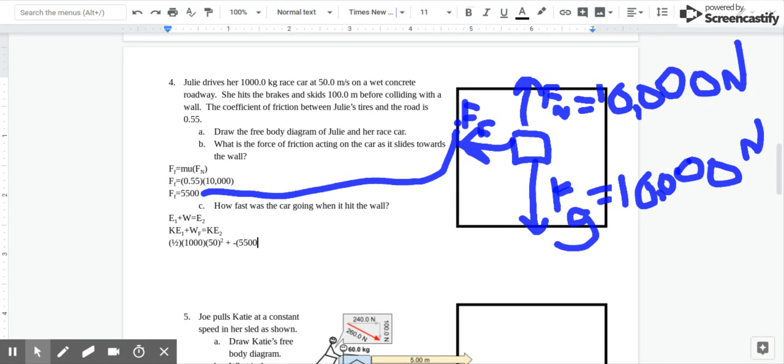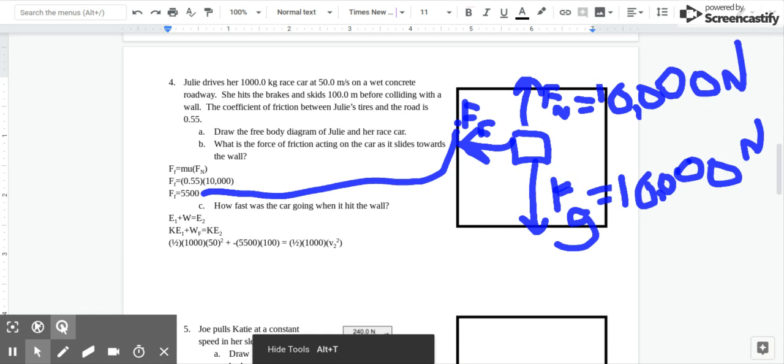So our force of friction is 5,500 and our displacement is 100. And that's going to be equal to 1/2 of 1,000 times our V2 squared.